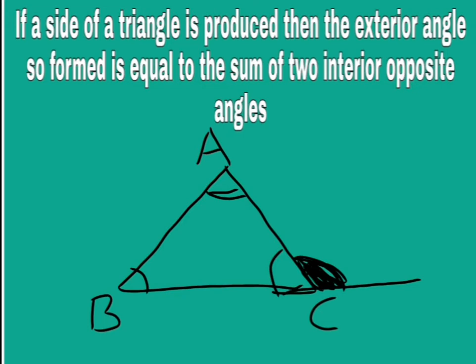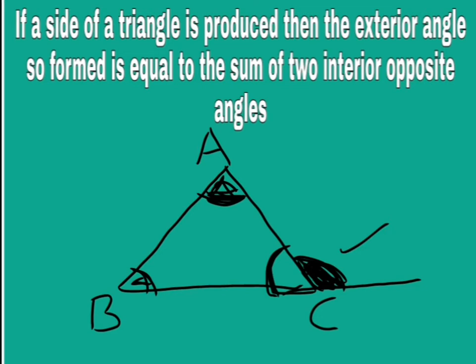To this exterior angle, angle C is the interior angle, and the opposite angles are angle B and angle A. So when we add angle B and angle A, we get the measurement of this exterior angle, which is outside angle C. This is the meaning of this property.